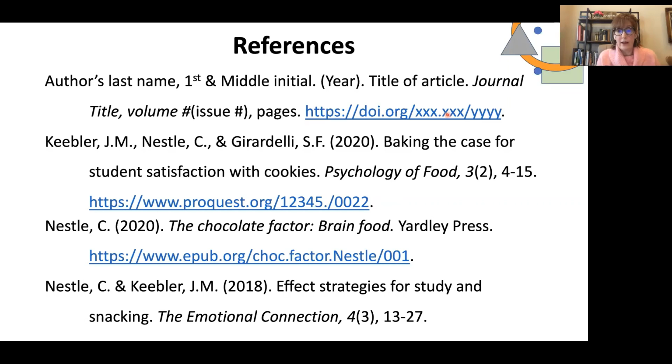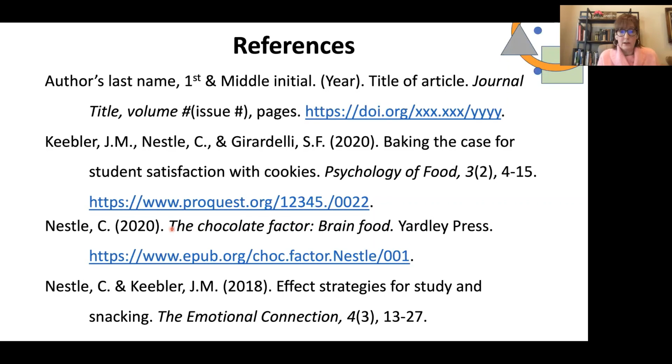Then you would include the URL, how you click into it and find it. Again, you give as much information as you can find so that the reader would be able to access the information that you did. This would be an article out of a journal. This here would be a book.